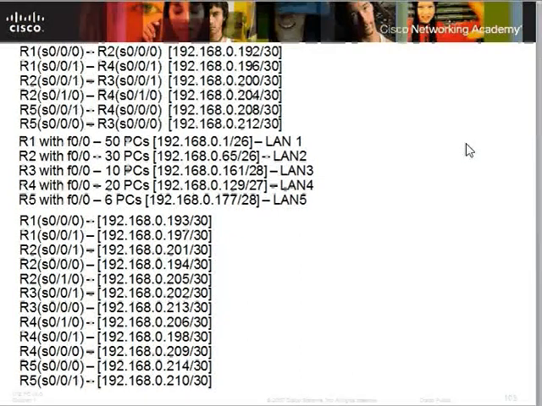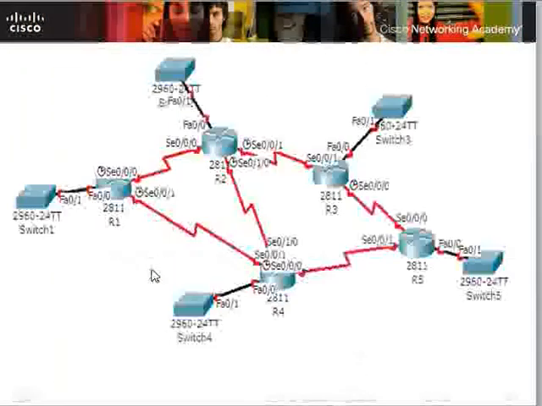So let's see how many subnetworks I have created: 192 network, 196 network, 200, 204, 208, 212. I am allotting each and every IP to the routers: router 1, router 2, router 3, router 4, router 5, and I am making the connectivity as per this specification, with Fast Ethernet and serial interfaces.